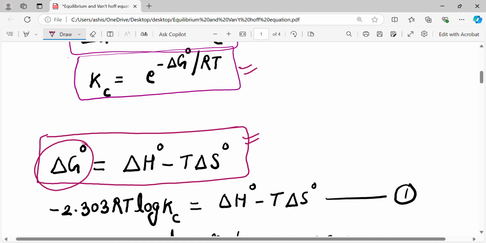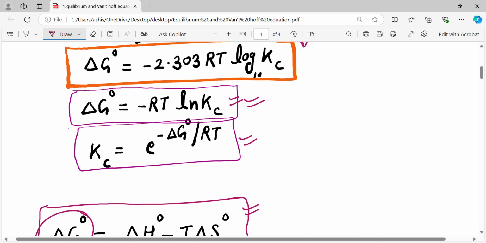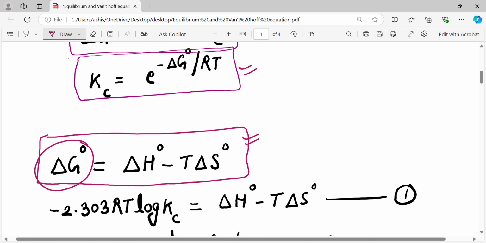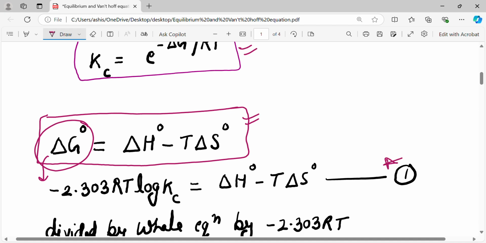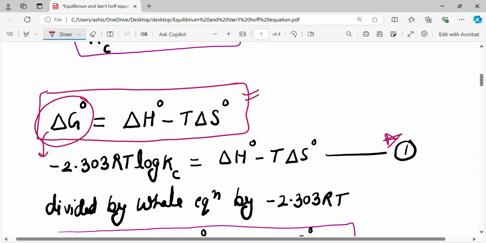When we put the value of delta G naught, minus 2.303 RT log Kc, in this equation, we get equation number 1: minus 2.303 RT log Kc is equal to delta H naught minus T delta S naught.